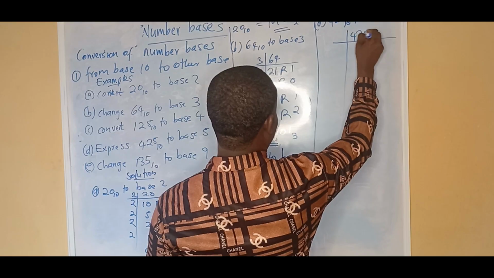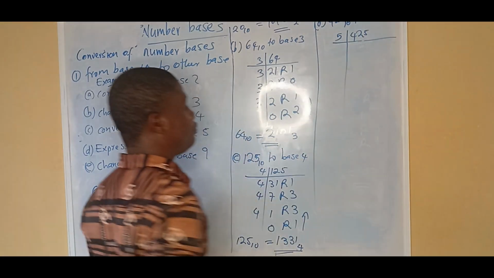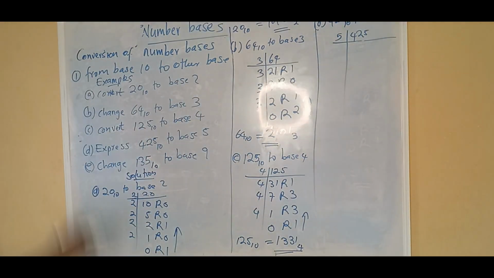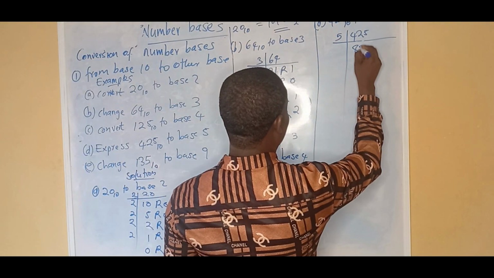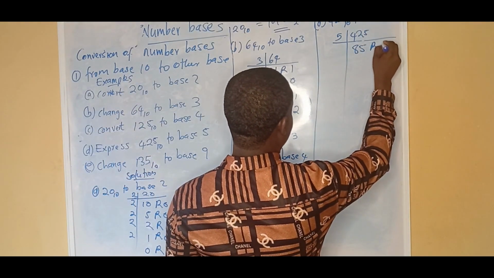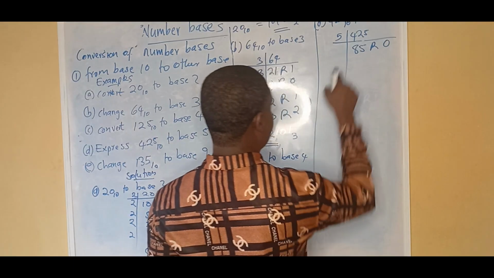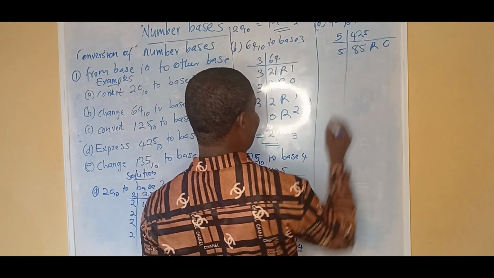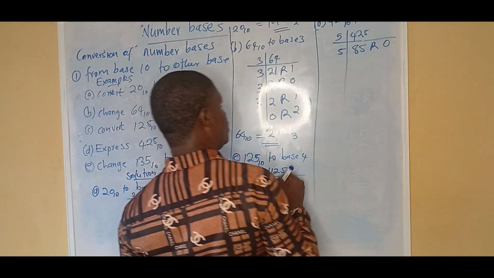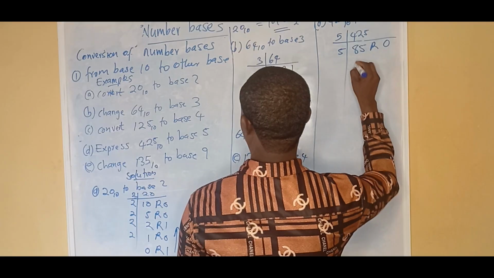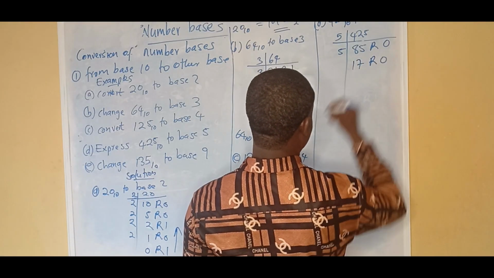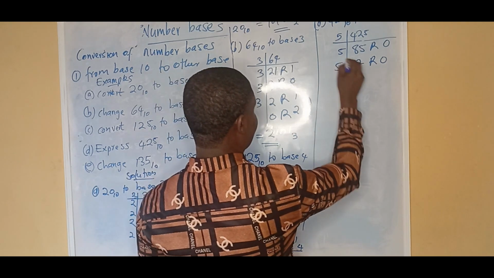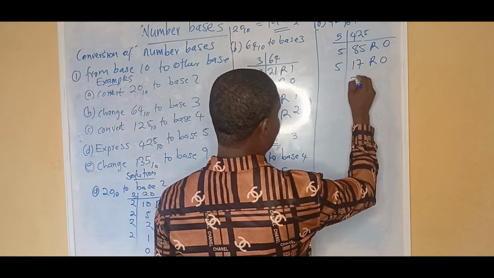We'll have 425, we'll divide by 5, okay? 425 divided by 5 will give us 85, remainder 0. 85 divided by 5 will give us 17, remainder 0. 17 divided by 5 will give us 3, remainder 2.